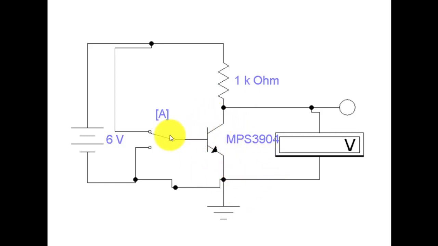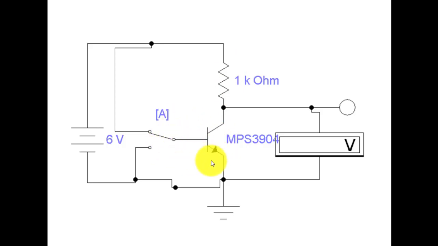We shall use a resistance, a voltmeter, a probe, a switch and a battery. You can use a resistance on the base, it's your choice. You can also make a NOT gate by using a single resistor on the collector terminal and without using a resistor on the base.